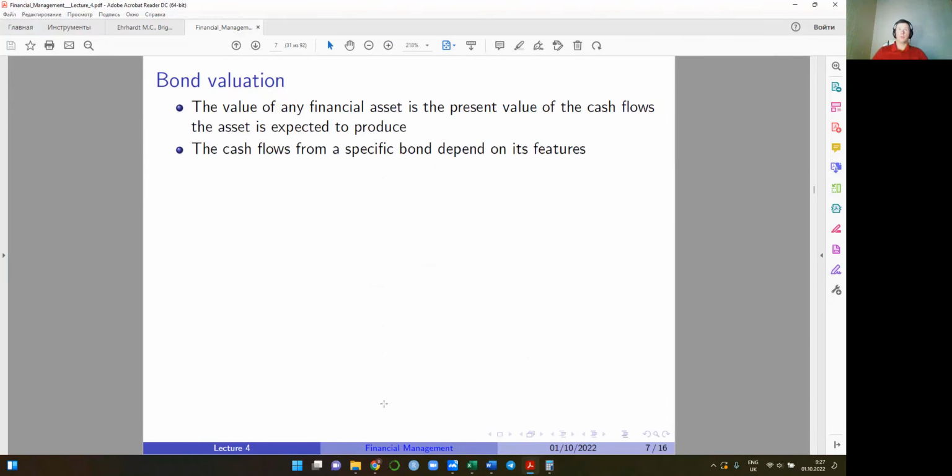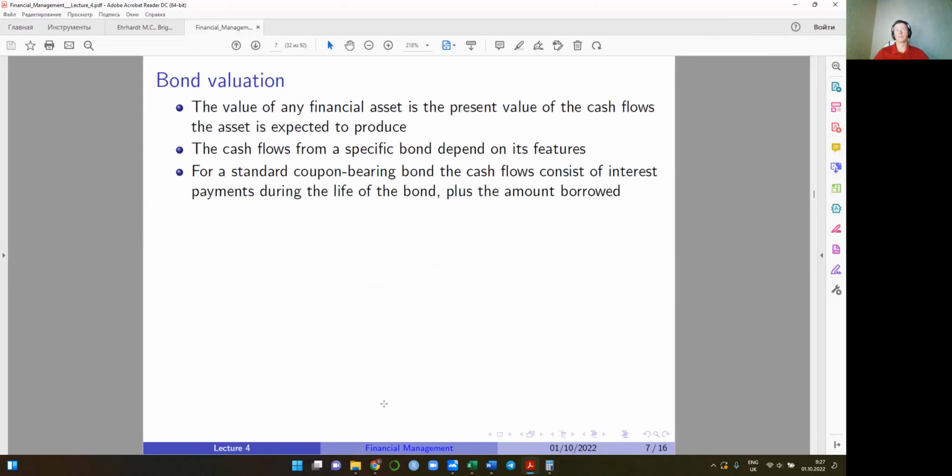The cash flow from a specific bond depends on its features, on the characteristics that we have discussed on the previous slide. If there is a standard coupon-bearing bond, the cash flows consist of interest payments and the amount borrowed, or principal.